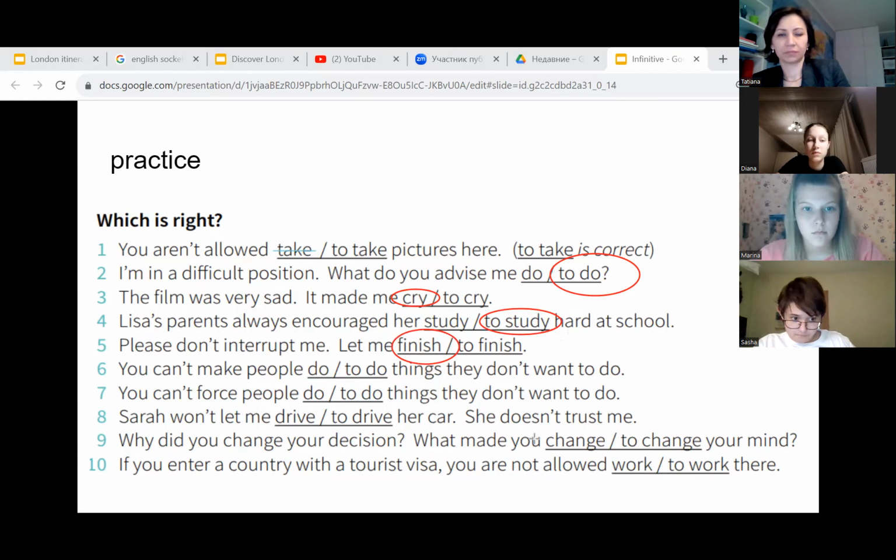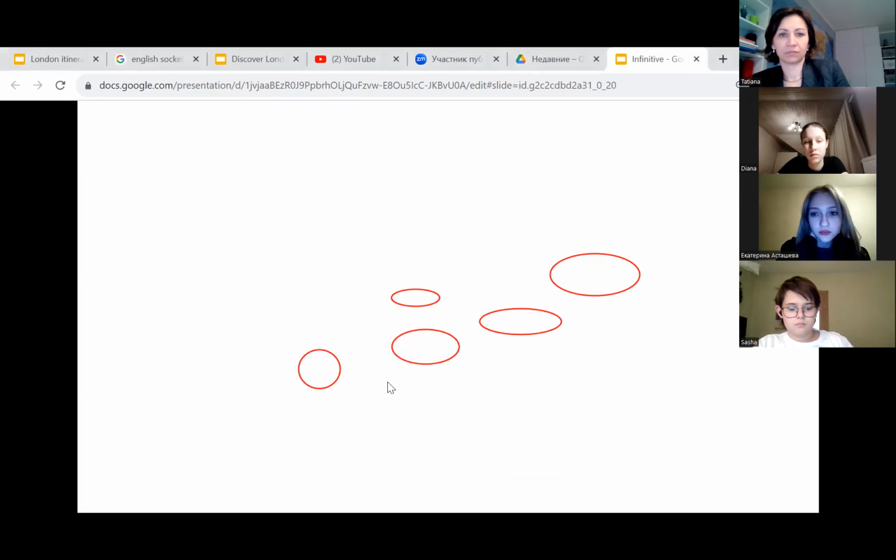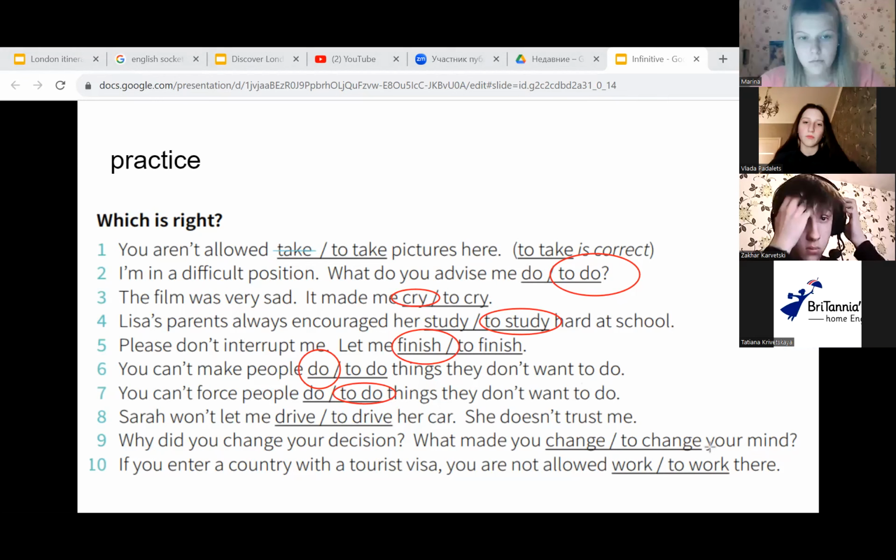You can't make people do things they don't want to do. Kate. You can't force people to do things they don't want to do. That's right. We go on with Vlada.